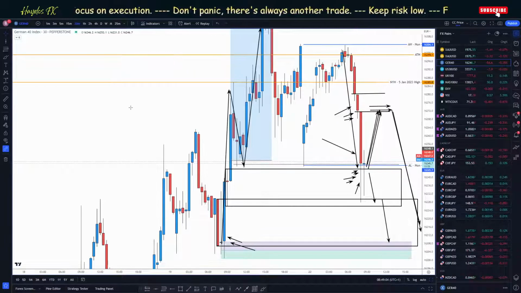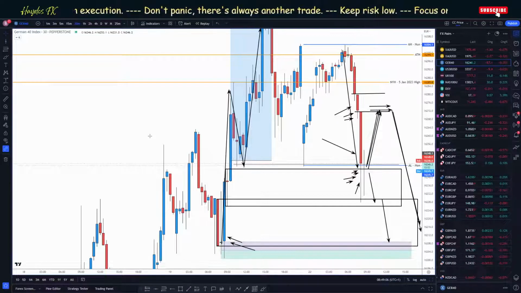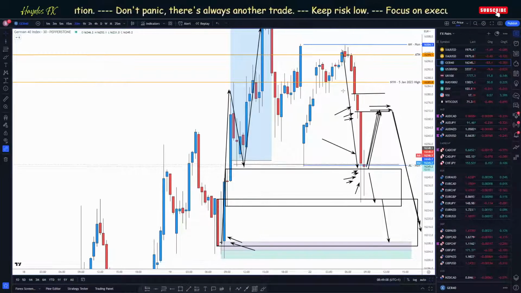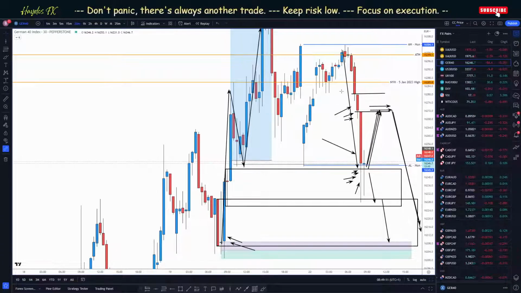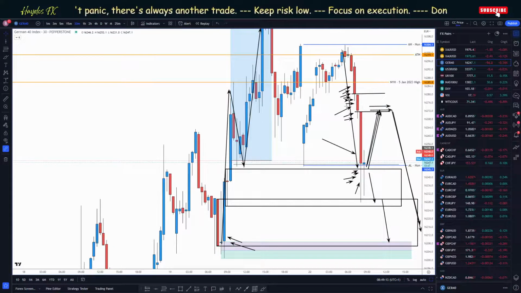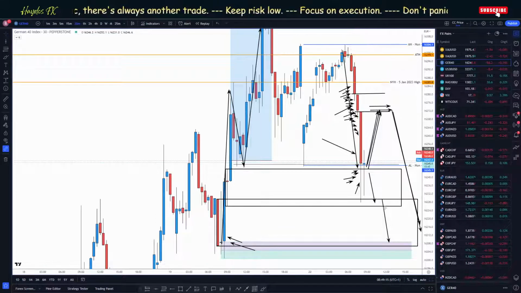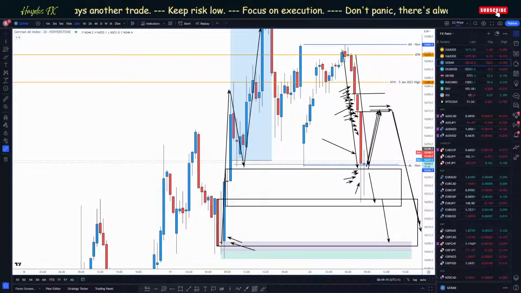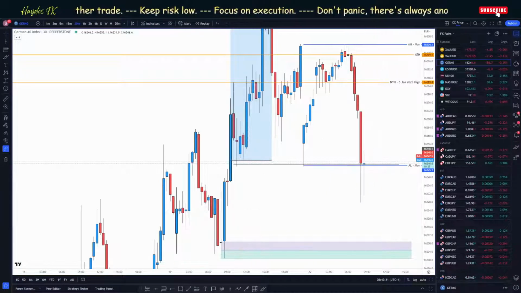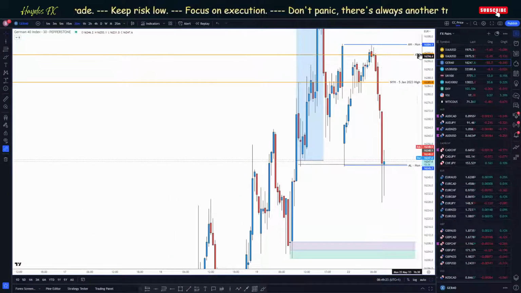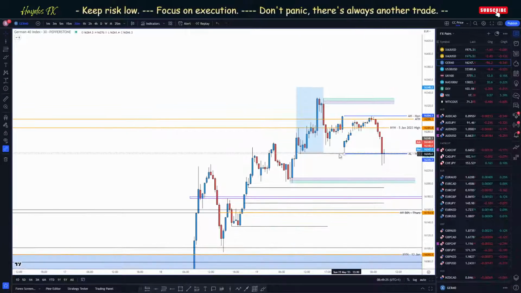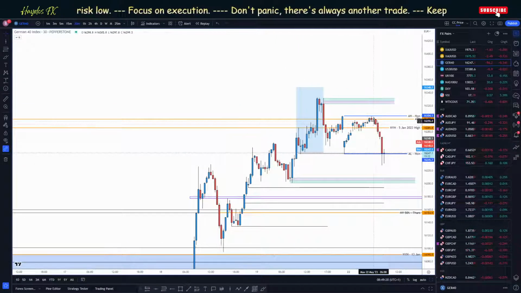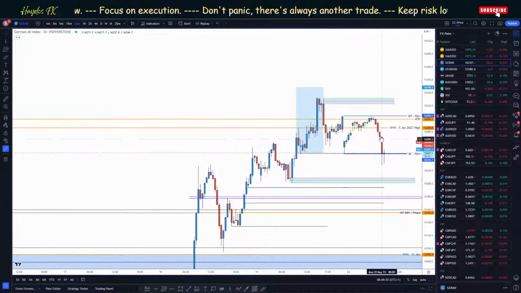And the pullback is making sense there. We want to go with the momentum that's currently seen, but this is a counter trend move at the moment. It does make sense why this move happened, just the sell-off.